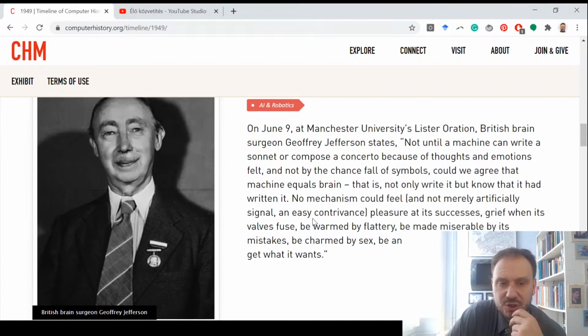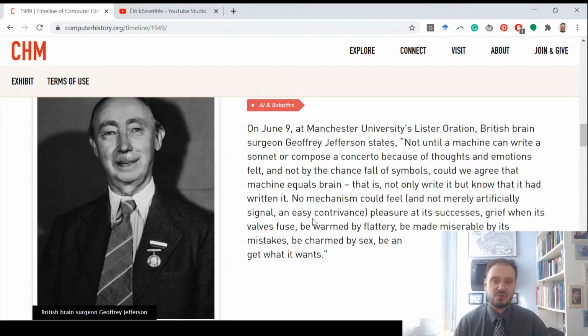Brain surgeons were quite interested in artificial intelligence studies because they thought that human brains and computer brains are similar, but a British brain surgeon stated that a machine is not able to think on its own or to feel.